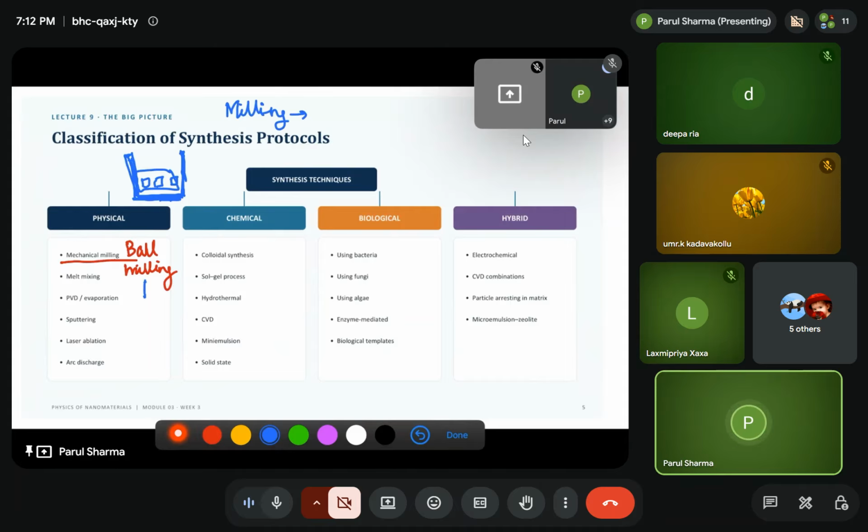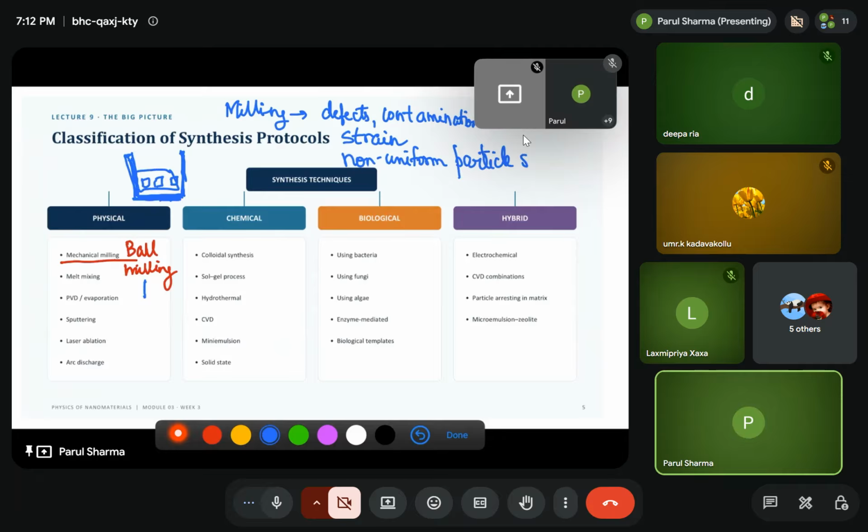It can cause defects, it can cause contamination and strain also, and non-uniform particle size distribution.